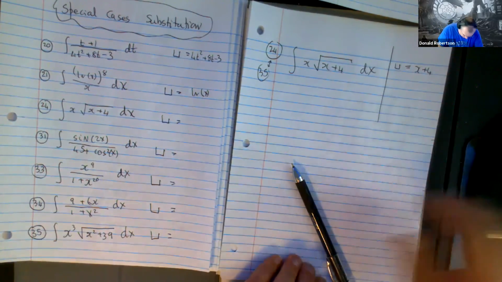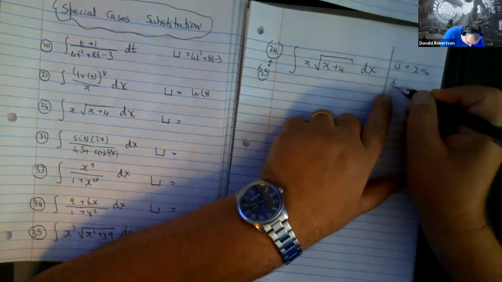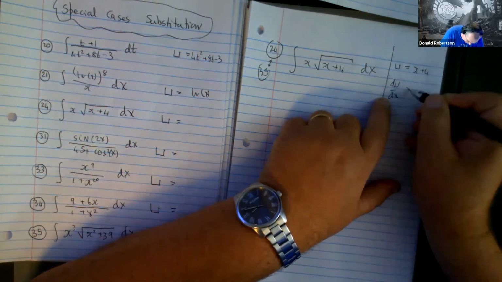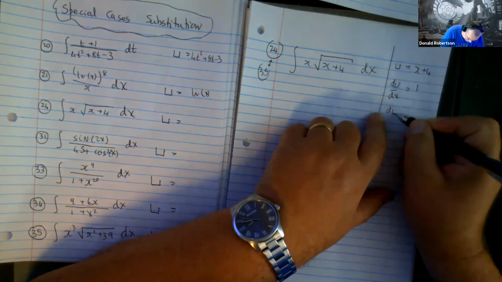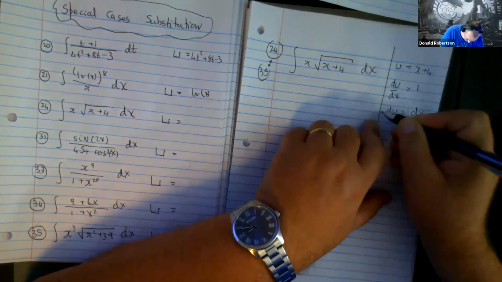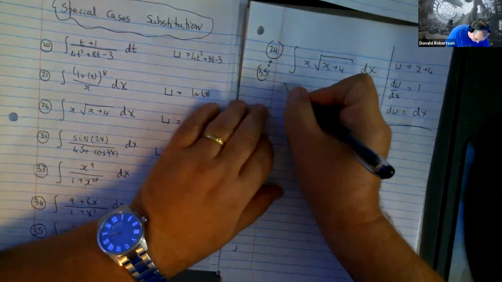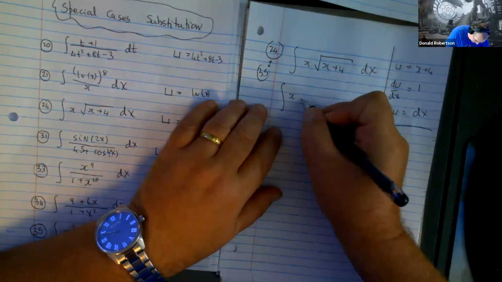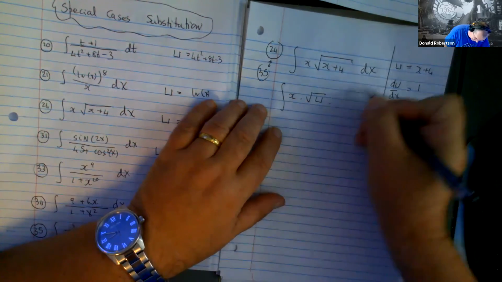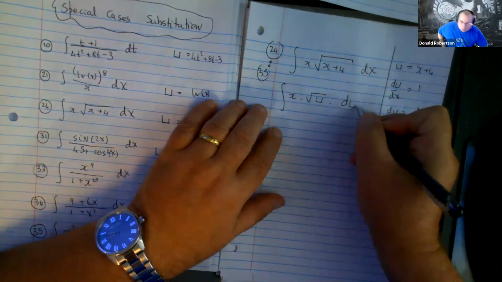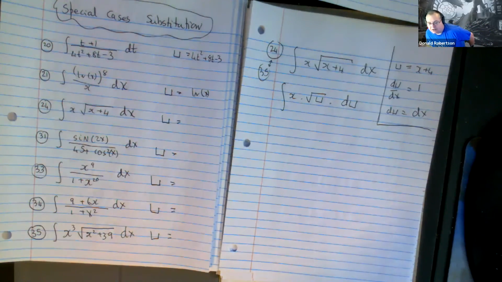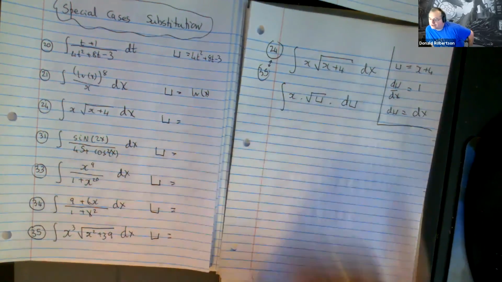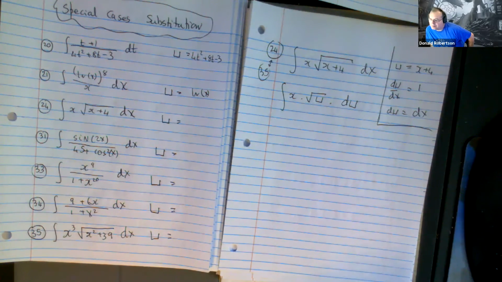Well, let's differentiate and find out. If you differentiate this one with respect to x, you get 1. And if you do the crossover, you get that. And what do I have? I have an x, I have a square root of u, and dx just gets replaced by du. Wouldn't that normally be an indication that you've picked the wrong U sub? The reason why, there's an x left over. There shouldn't be any x's left over. Isn't that my usual rule for you've picked the wrong U sub?